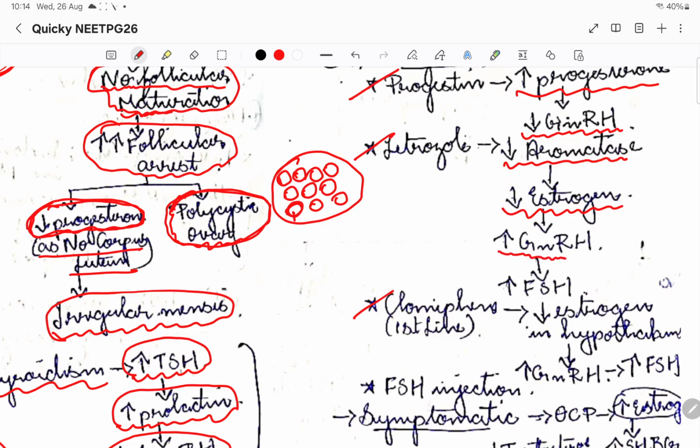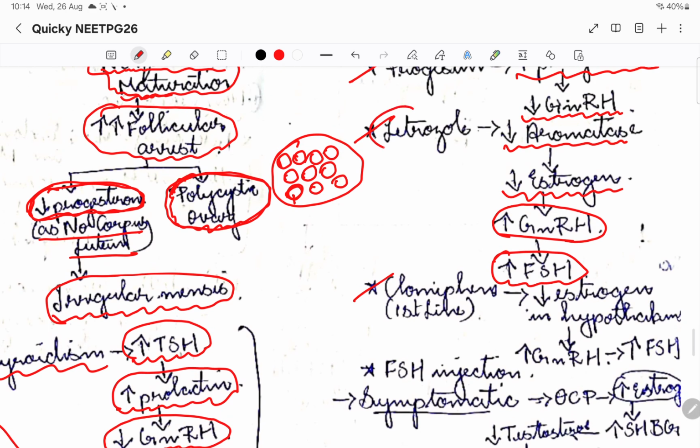This allows the GnRH to get released not in an increased frequency pulsatile manner, but in a normal GnRH pulsatile manner. So that will lead to normalization of the FSH release, right? So that is how we approach the letrozole way. Letrozole is a drug acting through normalizing the FSH.